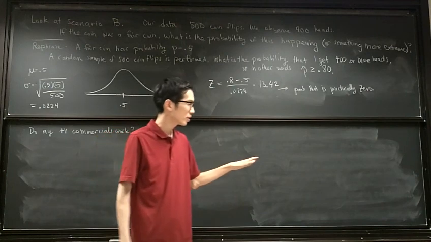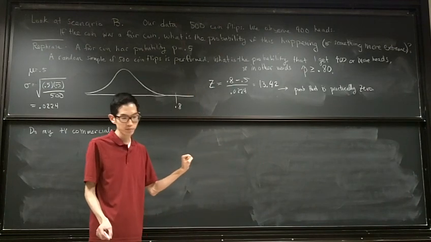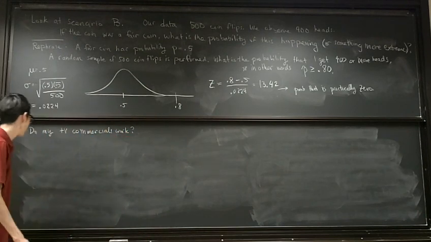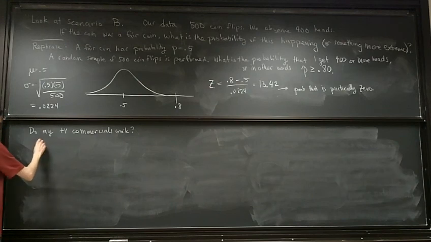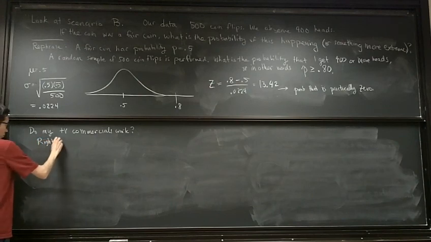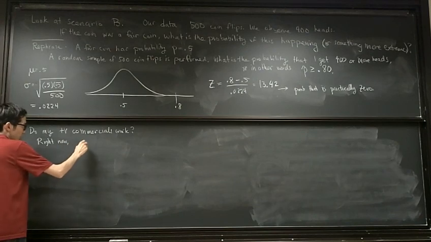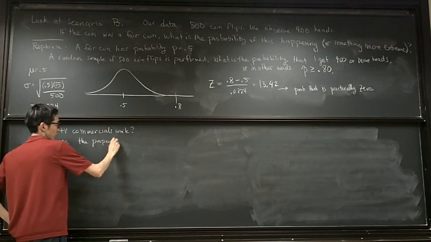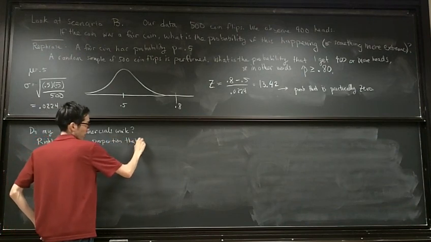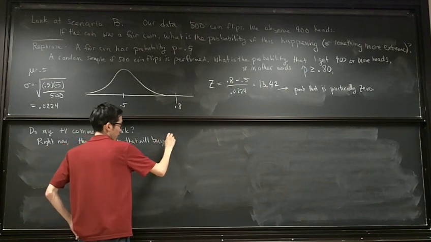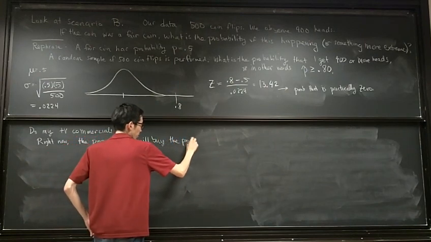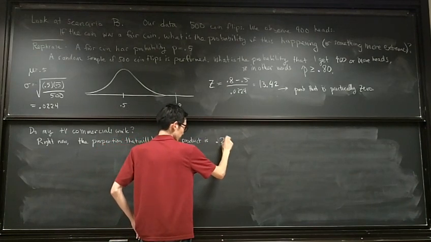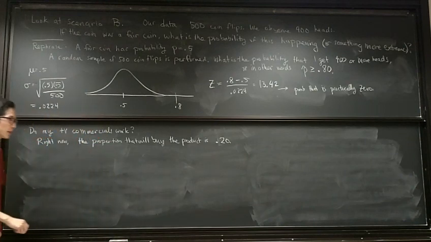And let's say we know that right now, when we survey the population, the proportion that says they will buy the product is 0.2. Okay, so 20% will buy the product.